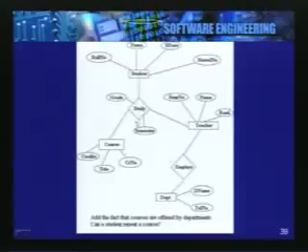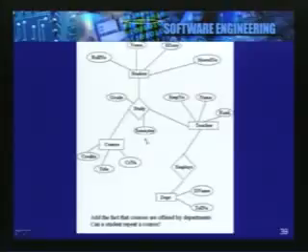Now, here we have a ternary relationship. This ternary relationship says that students study courses under teachers. So, a study relationship associates a teacher and a course and a student, and it has attributes grade and the semester.